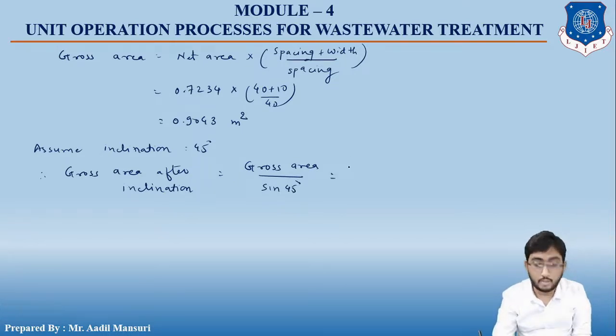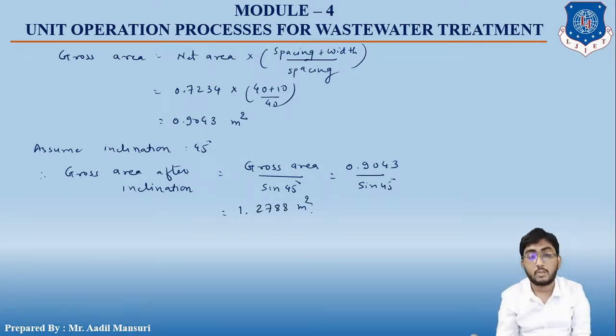So this will be equal to 0.9043 divided by sine of 45 degree, and this will be equal to 1.2788 meter square. Okay, so the gross area of the screen after inclination will be equal to 1.2788 meter square.